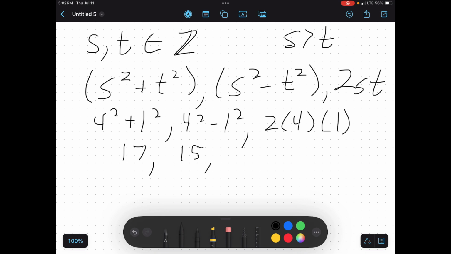And 2 times 4 times 1 is 8. So in reverse order, we are implying that 8, 15, 17 is a Pythagorean triple.